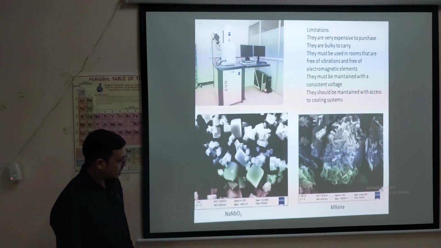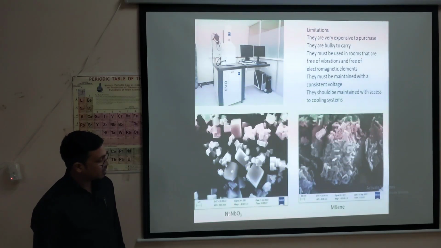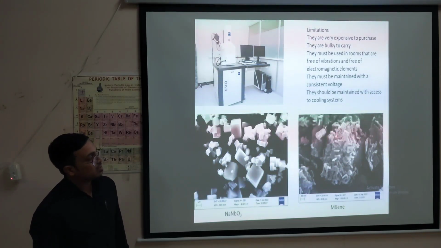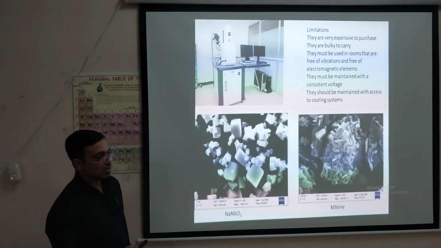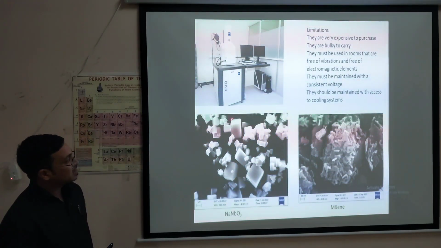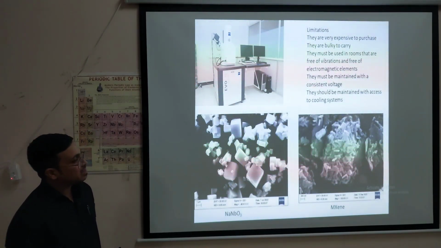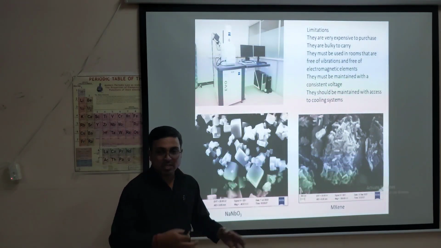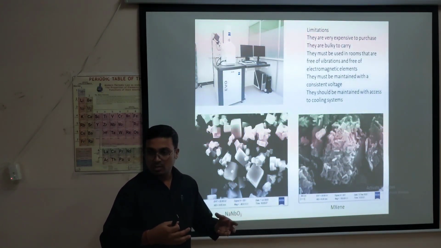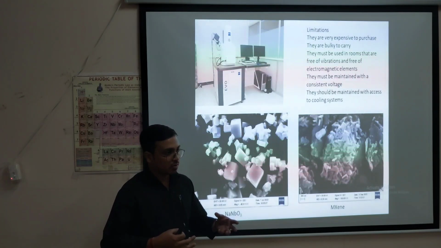For example, this is the sodium niobate system, and this is the MXene system. This one was designed by Lijal and Biswal, and this is by Neemun Priyadarshini. So in this case, what happened? This region appears to be bright, meaning these are emitting more secondary electrons. Do you follow?